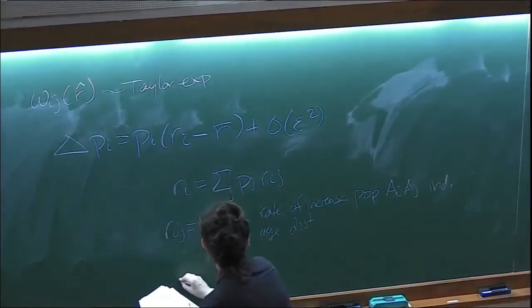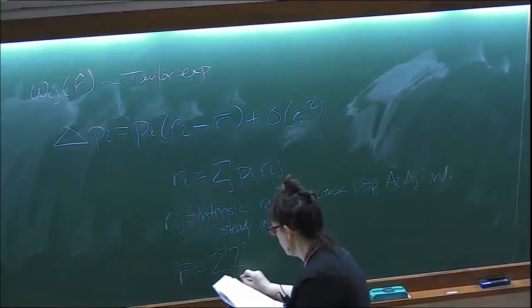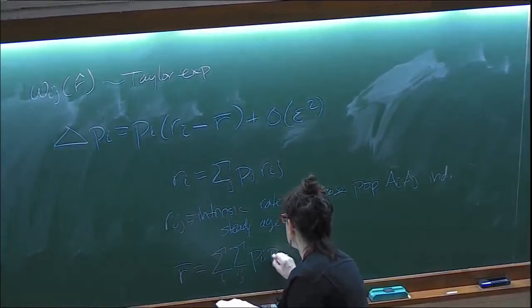And then let R bar be the average of that over the genotypes in the population.